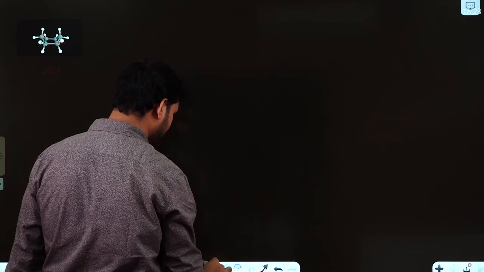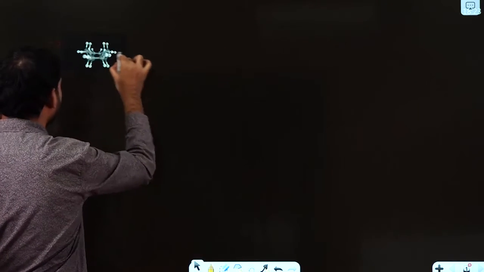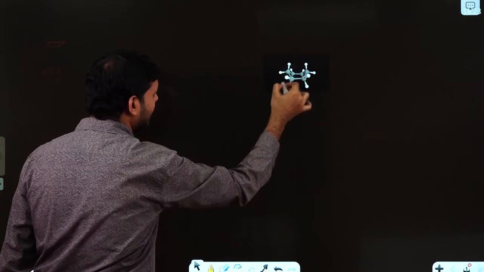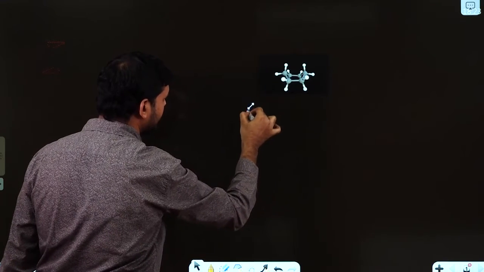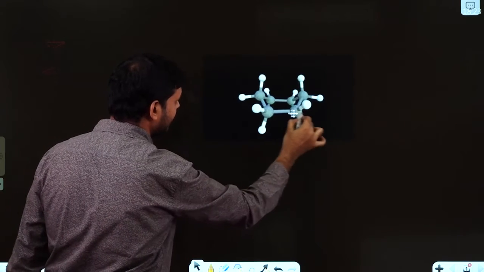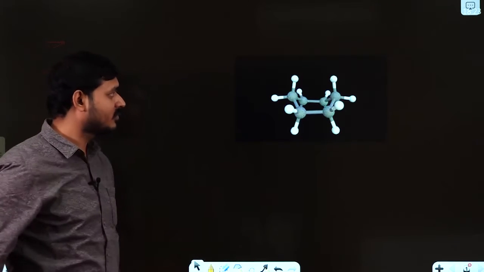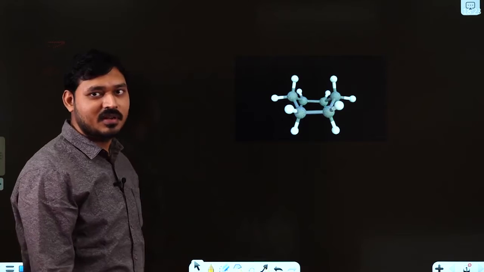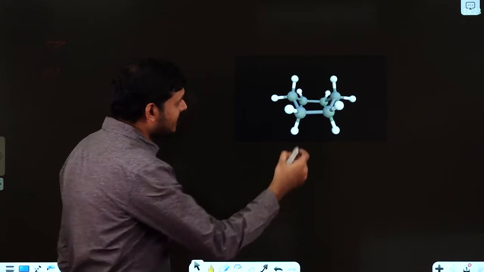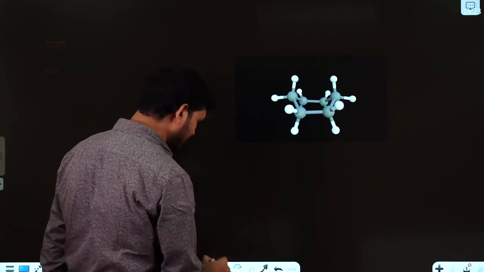Okay, so next come to this structure. Think over it properly. What is this structure? You can just look at it.